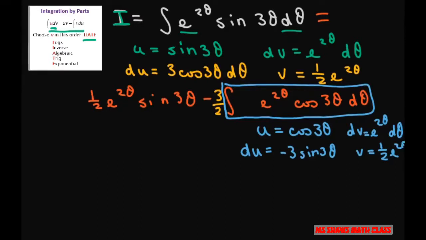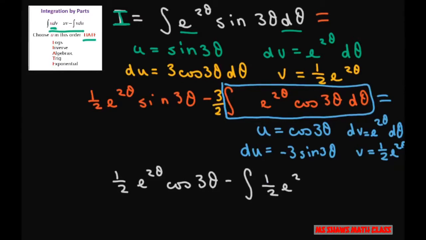and our antiderivative of this is the same as it was before, 1/2 e to the 2 theta. So now just dealing with that, this equals 1/2 e to the 2 theta times cosine of 3 theta, minus the integral of 1/2 e to the 2 theta times negative sine of 3 theta, and I still have another 3.